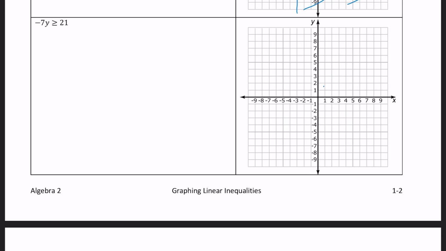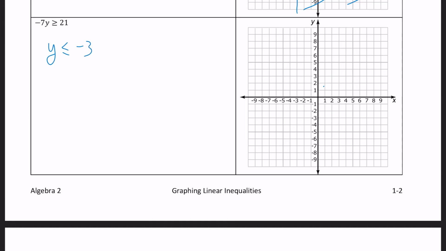This last problem has a statement about y, so we should always get the y to stand alone. Let's divide both sides by -7. As we do, you have to take careful note to see that dividing by a negative changes the sense of our inequality, so the greater than becomes a less. 21 divided by a -7 is a -3.